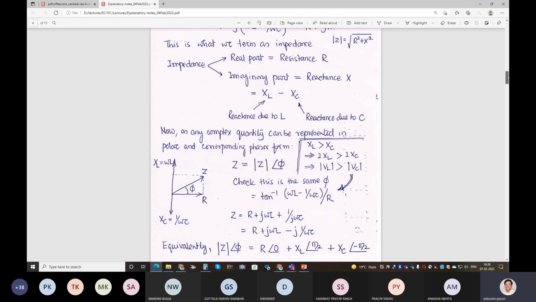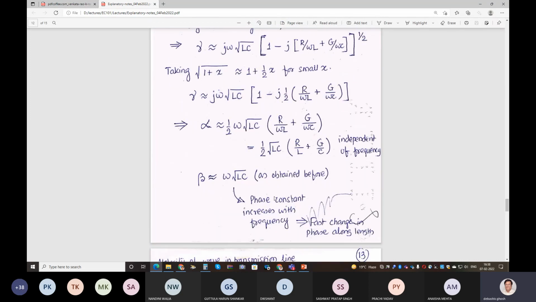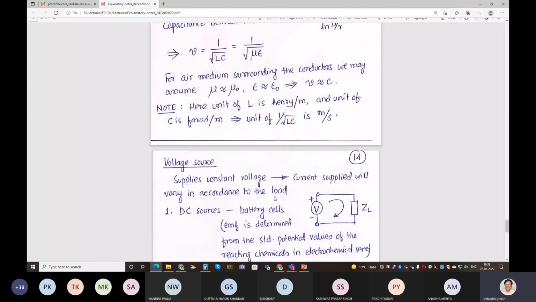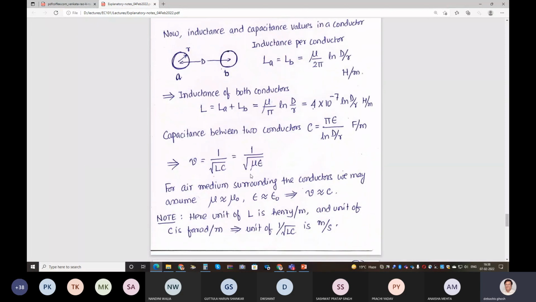Whereas in this case, don't get confused: this L is inductance per meter, per length, and C is the capacitance per length. So their units are Henry per meter and Farad per meter.